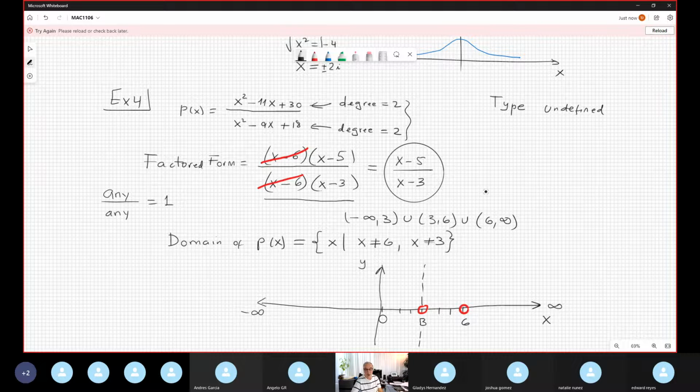But in 6, no. Okay, entonces, what is the shortcut? What is the conclusion, professor? The conclusion is at x equals 3, we have a vertical asymptote. However, at x equals 6, the factor that is cancelled out, we have a hole. So there are 2 kinds of undefined: vertical asymptote or hole.